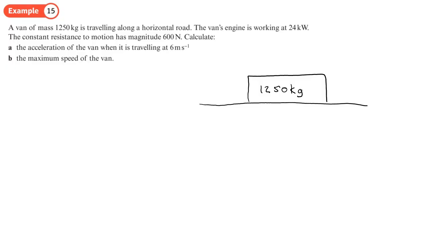We've got the power developed by the engine, so let's say it's going this way, of 24 kilowatts, and there's a resistance to motion of 600 newtons like this. Part A says calculate the acceleration of the van when it is travelling at 6 meters per second.